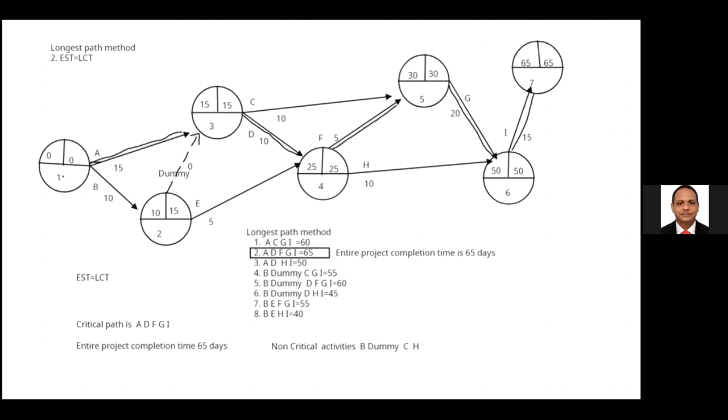But you can delay non-critical activities to some extent without affecting the entire project completion time. And also, remember that we have the possibility to complete the entire project within 65 days. Okay, did you understand everything?